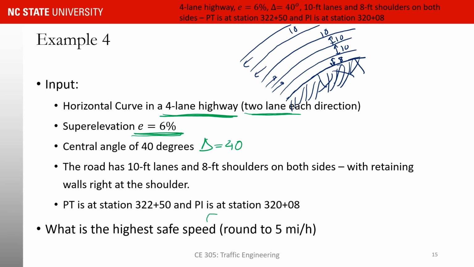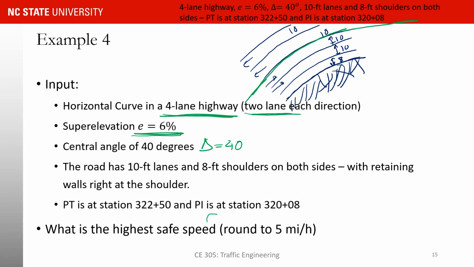So the PT is at station 322 and PI at station 320 plus 08. So one thing to keep in mind is that when we talk about PT and PI and everything, we are talking about the center line of the curve, which is here.